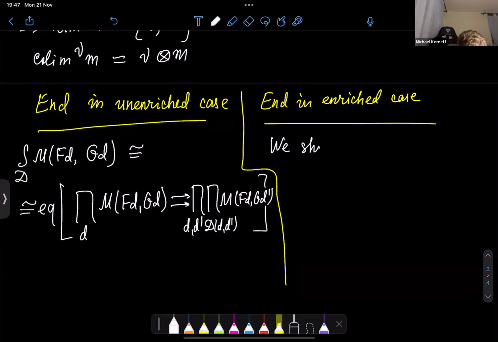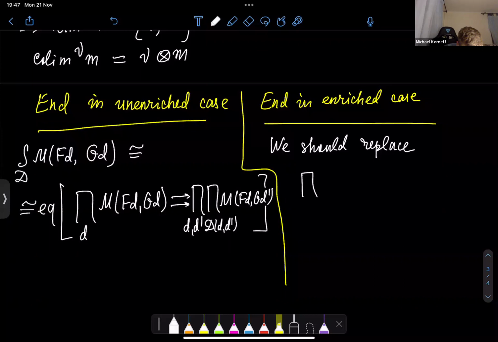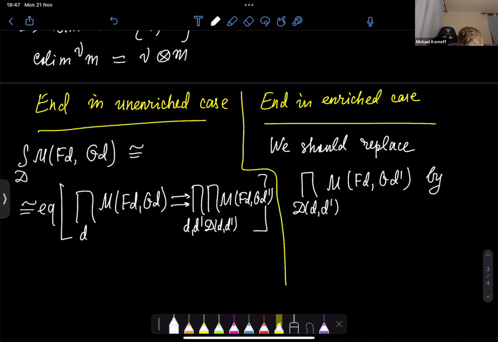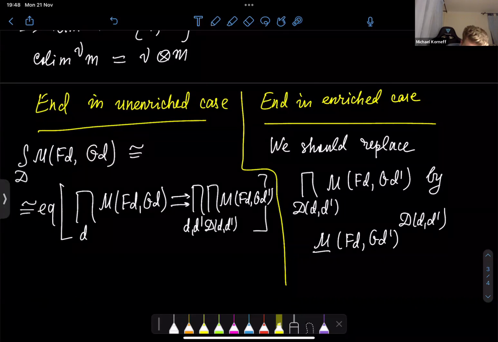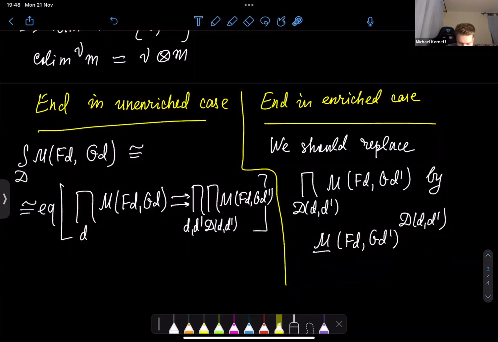We should replace this term by this one, which of course is the same in the unenriched case, we know.